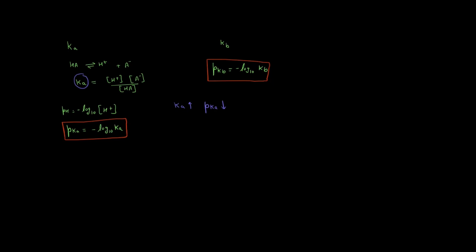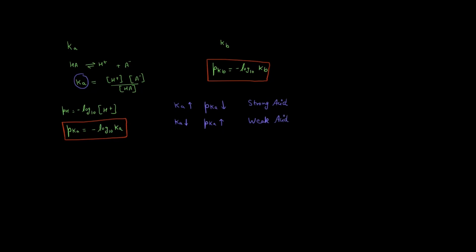If Ka increases, it means there is more dissociation of the weak acid. So we have a strong acid if Ka is more. If Ka is low, pKa will be high and we will have a weak acid.